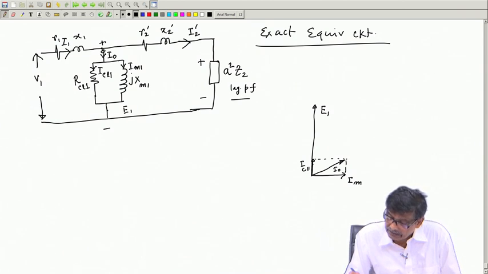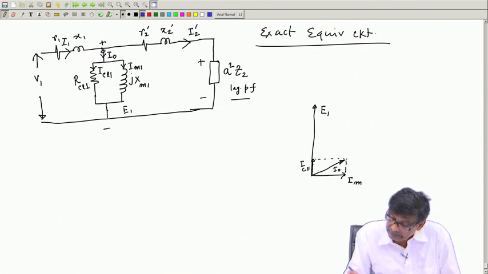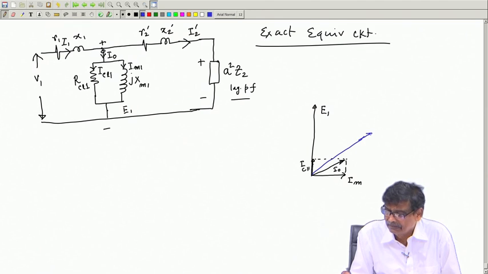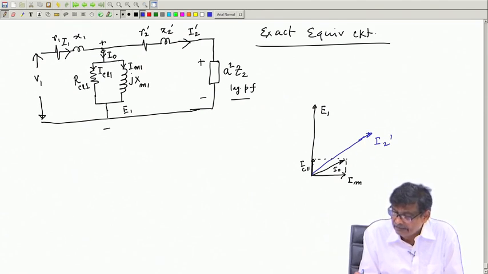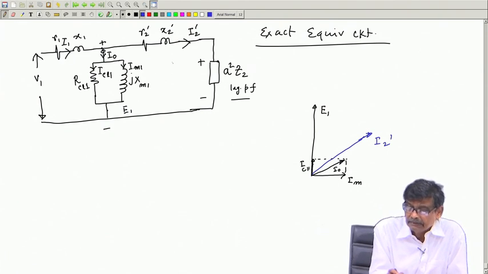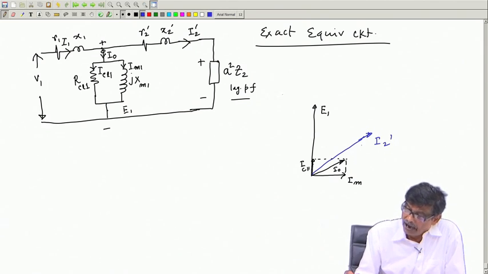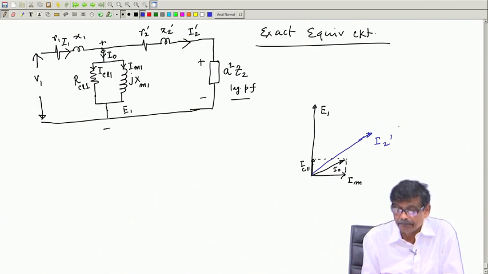So, I 2 dashed will be somewhere here. I will just give you the idea, so suppose this is I 2 dashed. What is this angle? This angle is not the power factor angle of the load, it is the power factor angle of R 2 dashed, X 2 dashed and the load Z 2, whatever it is.